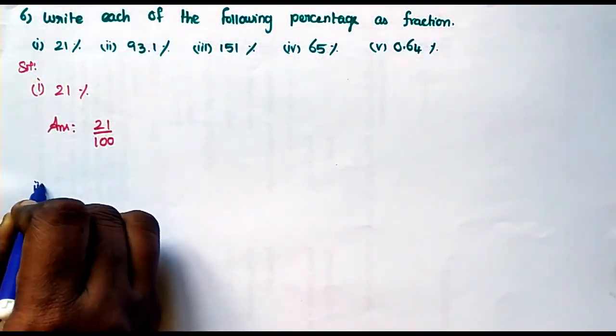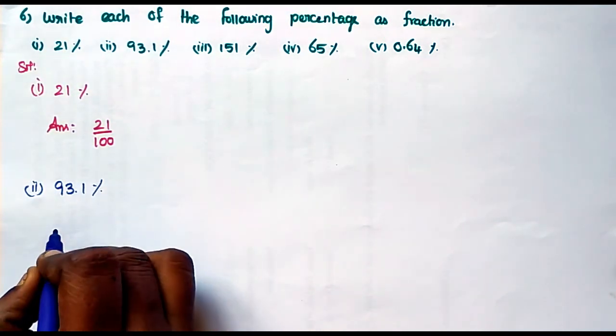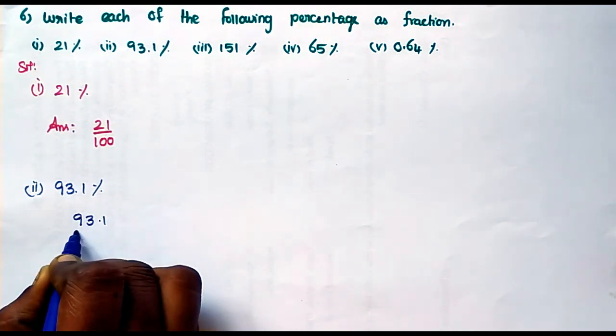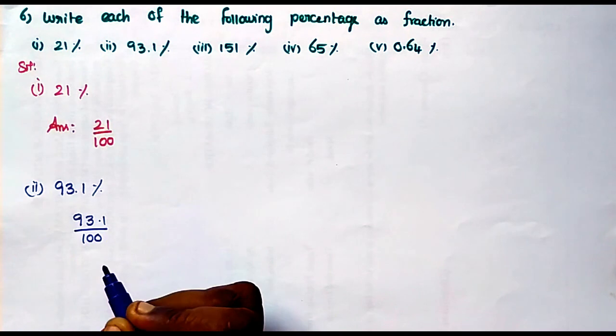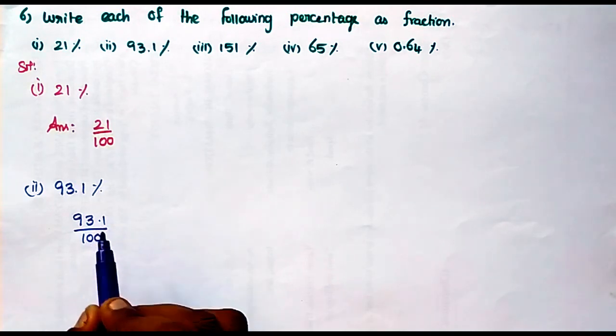Next one. 93.1 percentage. Now 93.1 divided by 100, but it is in decimal. So after the decimal point, one digit is there.